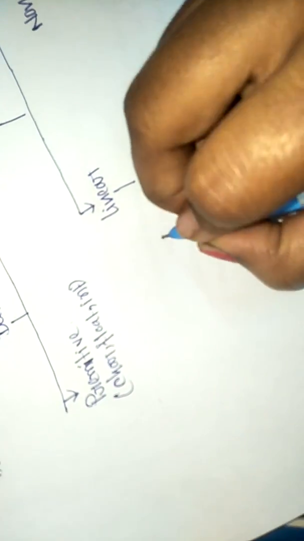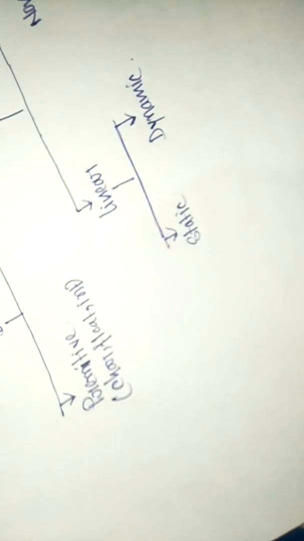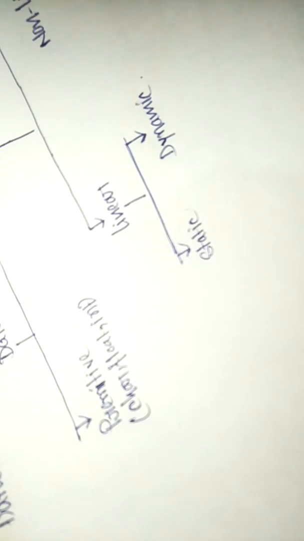Now linear data is classified into two sections: one is static data and the other is dynamic. This is very easy. Static means it remains and stays, and dynamic is moving data.